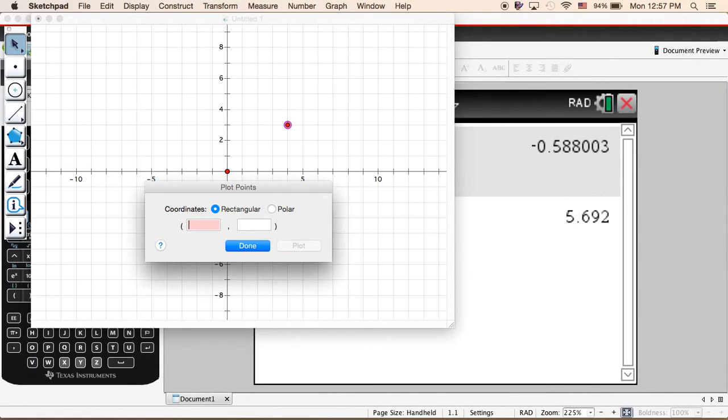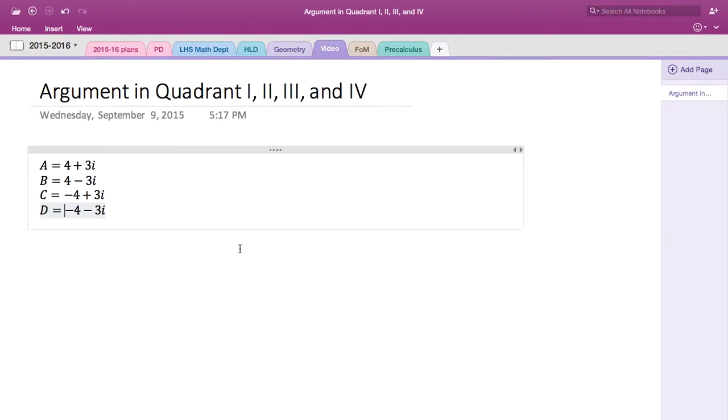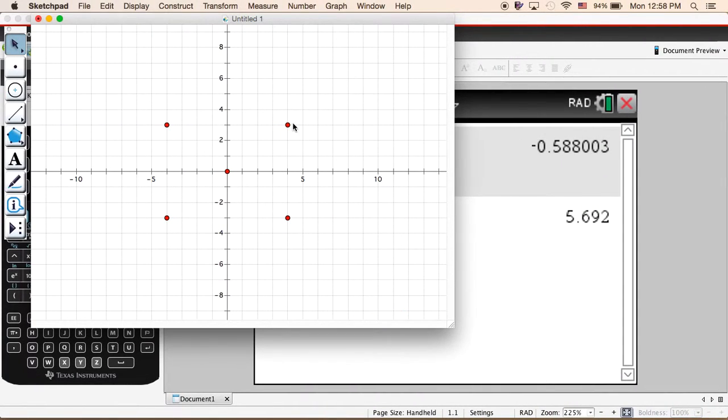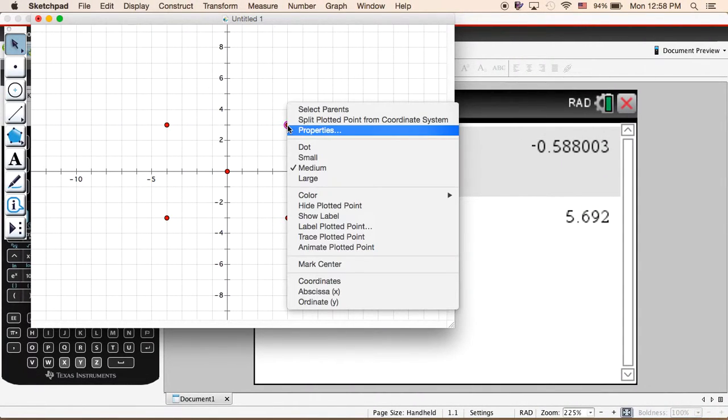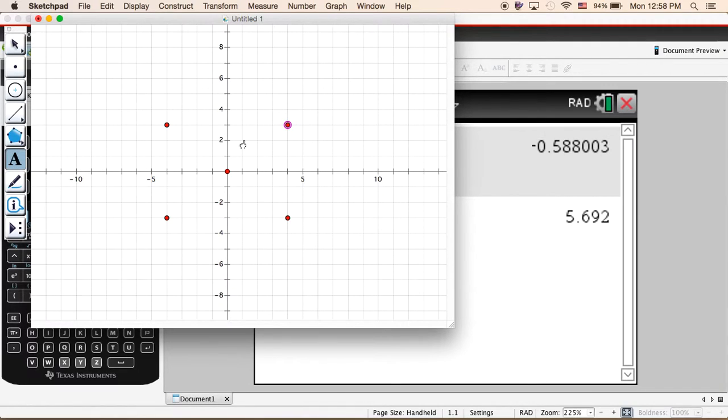4, 3; 4, negative 3; negative 4, 3; negative 4, negative 3. And we have this A, that's our A, B, C, and D. Okay?